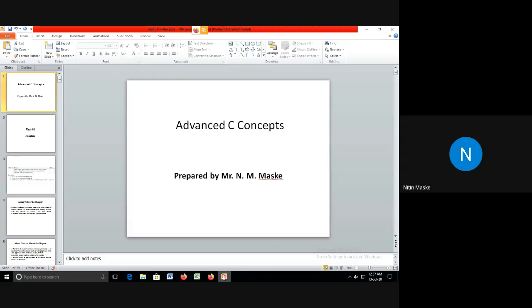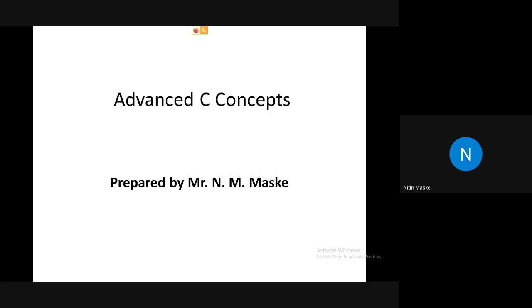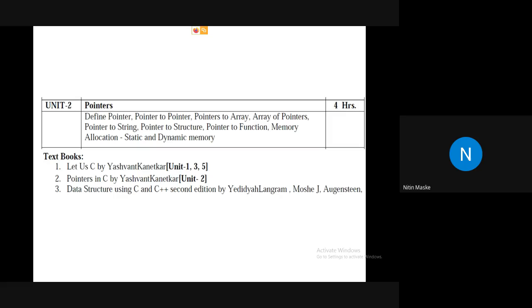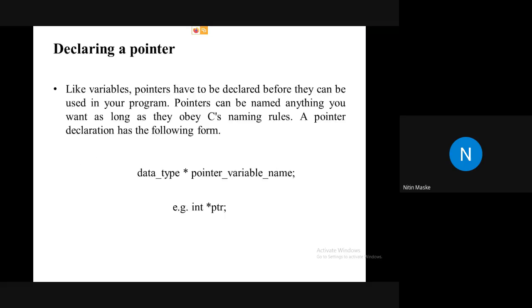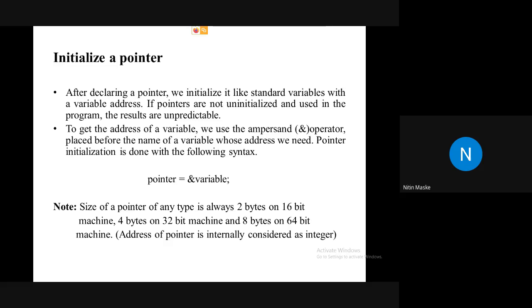Okay, so let us start this session. We have already started unit number 2, that is pointers. These points we have covered: pointer, then declaring a pointer, then initialization of pointer. How can we initialize a pointer?